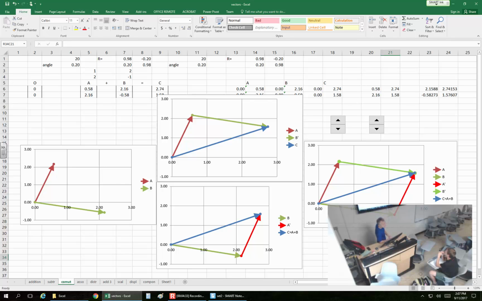Not just similar, they are identical, right? Because the sides are the same, A and B, same length, and the angle between them is also the same. So you have two adjacent sides, and the angle between them determines the triangle. So these two triangles are identical, which means that at the very least the diagonal is the same, and then we just pull them together. Okay, so that is our commutativity property.